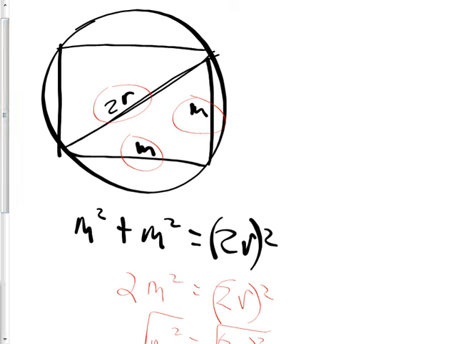If the area of the square is 90, what's the radius of the circle? If the area of the square is 90, what is r equal to?